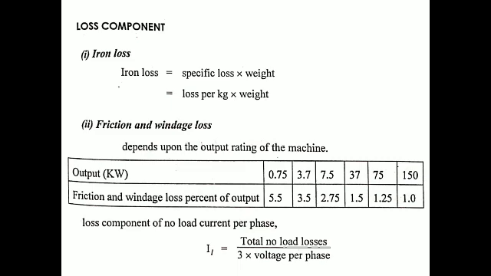So just go through these assumptions. With this concern, we have to apply them in the formulas. So the loss component of no load current, IL, is calculated as the total no load losses divided by 3 into voltage per phase. By this equation, we can calculate the IL value.